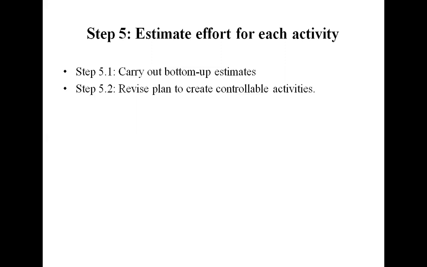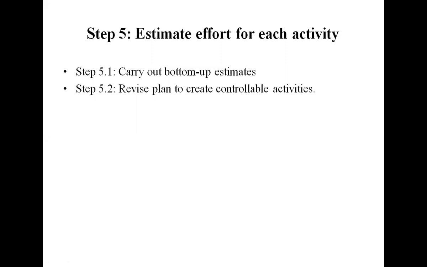Okay, next go for the topic revise plan to create controllable activities. Here, break up very long activities into a series of small ones. If there is a long problem or anything, you have to break that activity into smaller ones.